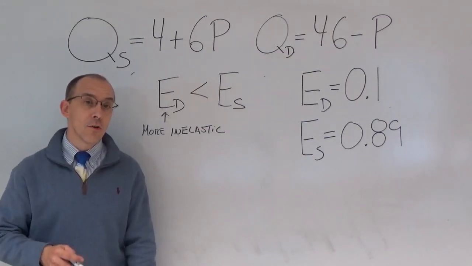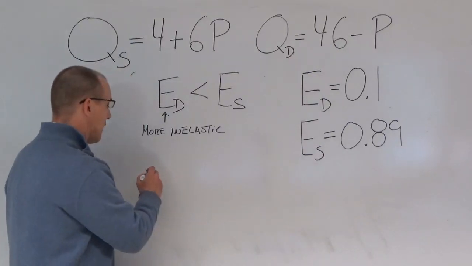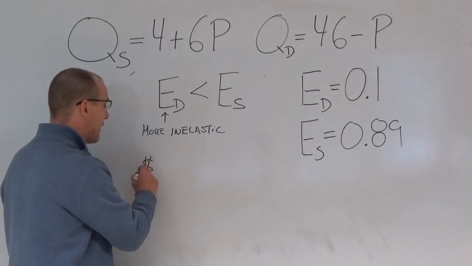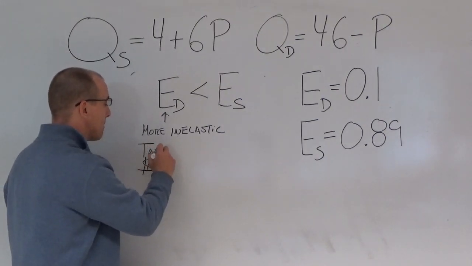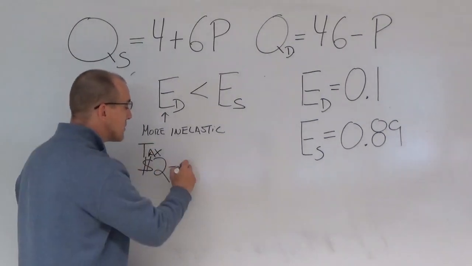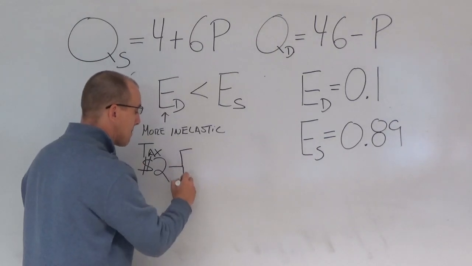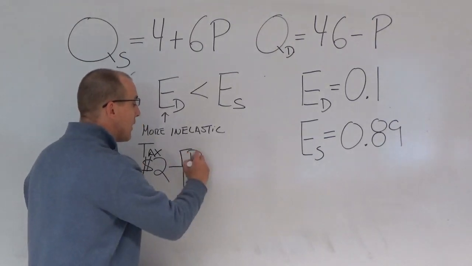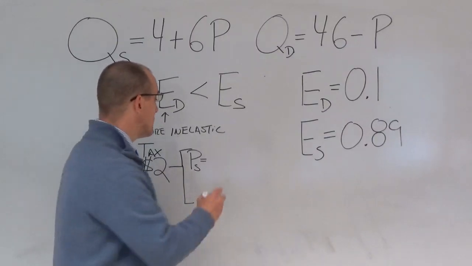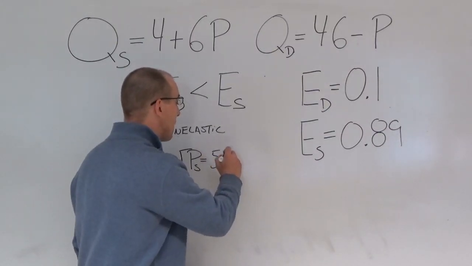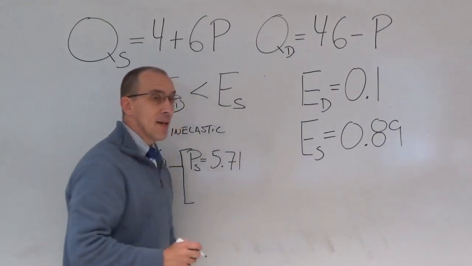If you compare the results from the earlier case, where we had a tax of $2, well, that tax was split in the marketplace. The price that the sellers paid was $5.71.